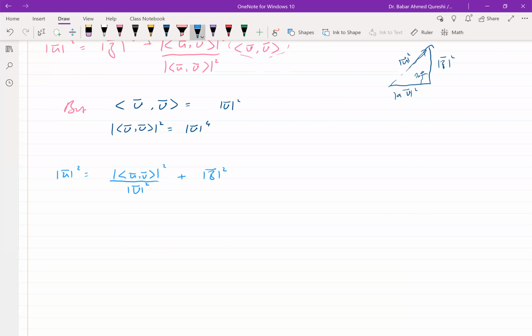Now if I throw this out, I'm throwing out a positive number, so the left-hand side would now be greater than this thing, because I threw away something positive.